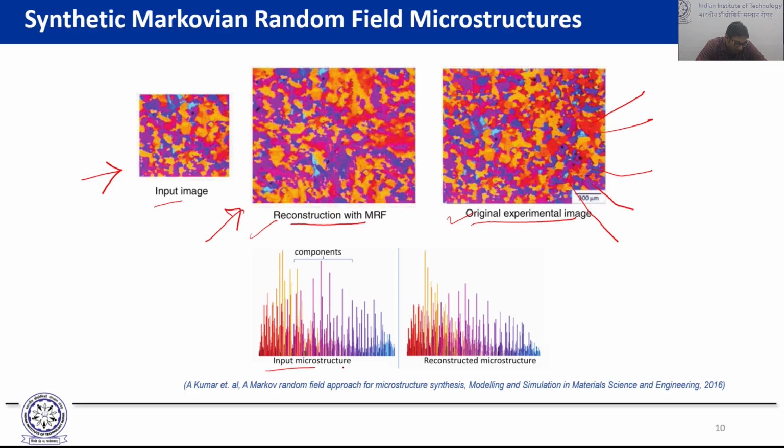If you now plot the intensity distribution, the frequency distribution of these different phases, you will see that by and large the frequency distribution looks fairly similar. It's not exactly the same, because this is after all a probability function, it's not deterministic, but by and large the relative distribution stays the same: you have the maximum frequency of the yellow or orange phases, and the minimum frequency of the sky blue phases. So those distribution statistics get captured when you use this Markov random field approach.